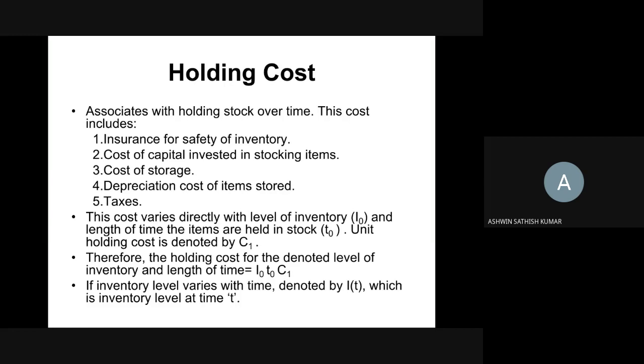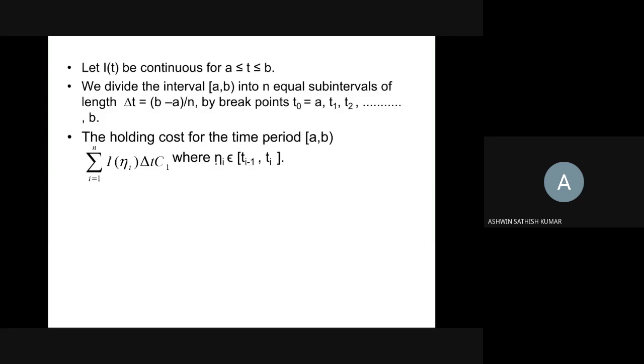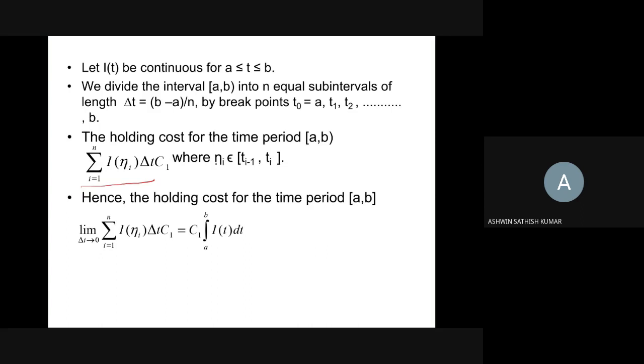If inventory level varies with time, denoted by I(t), which is the inventory level at time T, then the holding cost can be the summation of I(t) delta T into C1 if it is discrete for some time interval, and otherwise it is C1 integral A to B I(t) dt. So holding cost, depending on the system, we can have of any form.